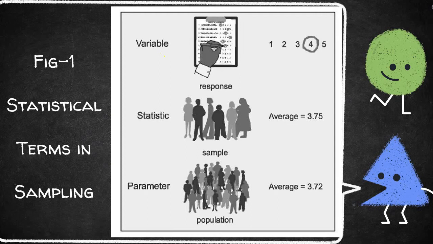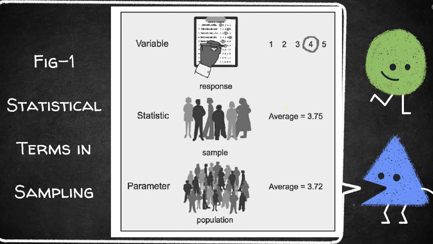Each of them is actually a kind of variable. So for one such question, the respondent has responded this way. Let's say he encircles 4.